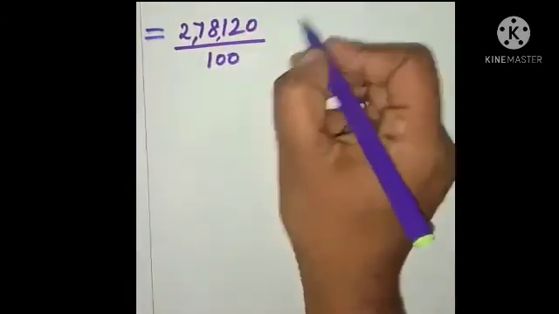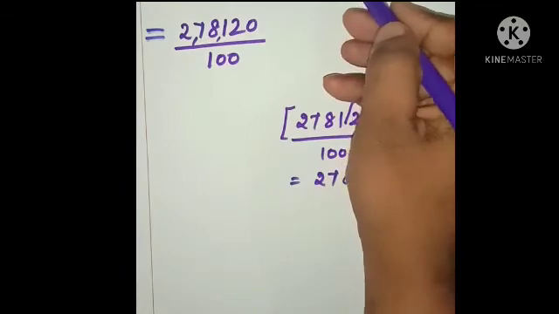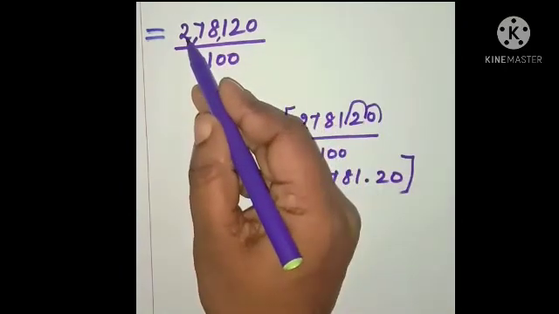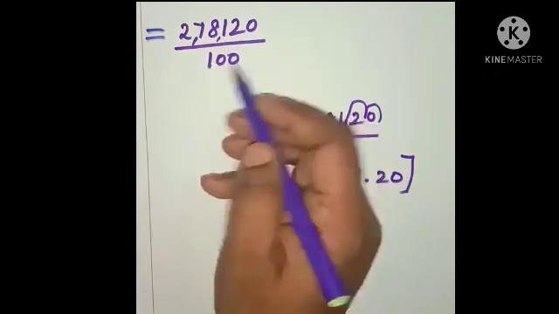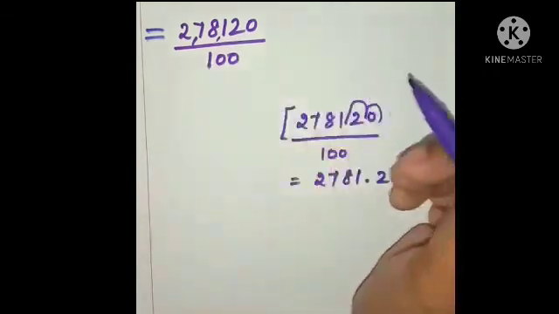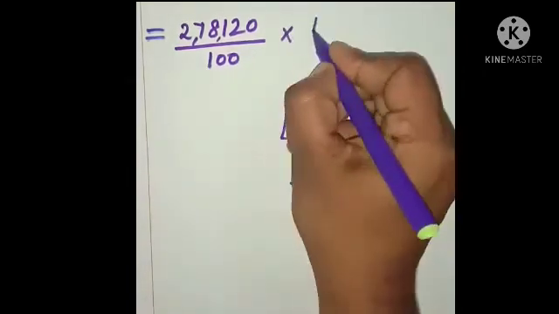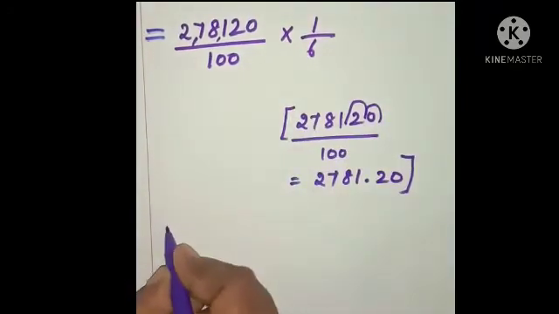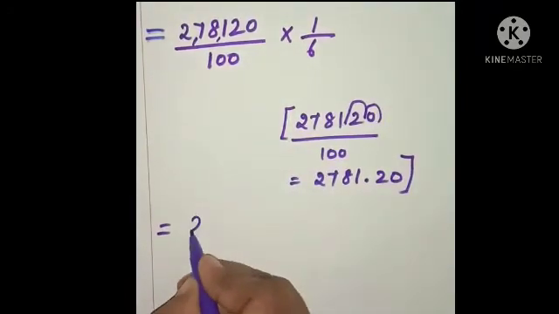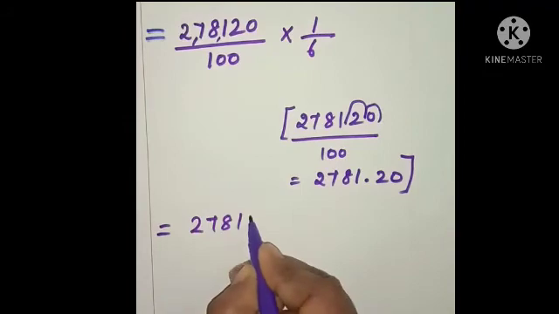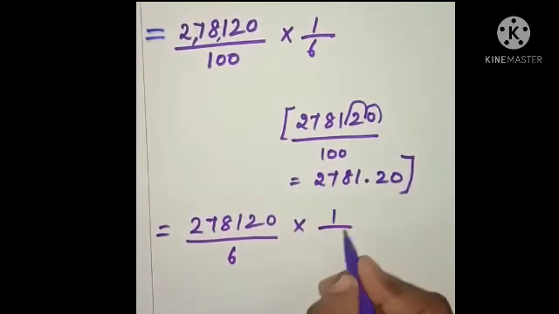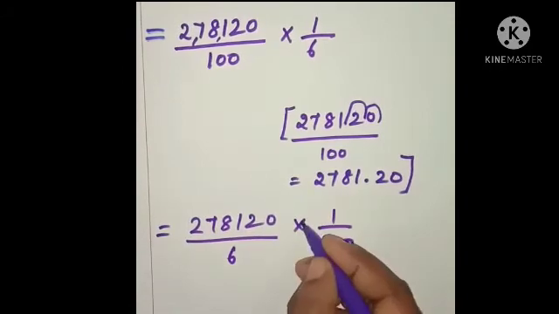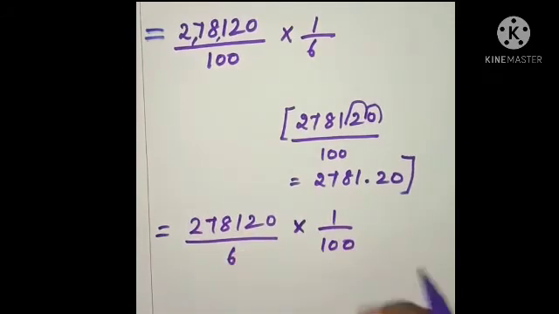Okay. So 2,781.20 can be written as 2,78,120 by 100, into 1 by 6. In the next step, you can write 1 by 6 into 1 by 100. Because it is multiplication, you can write like this.